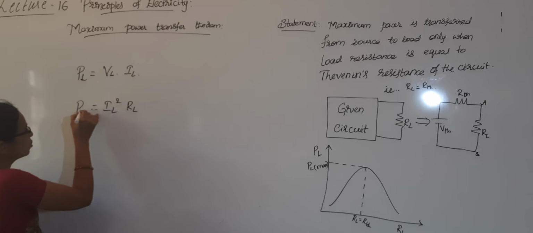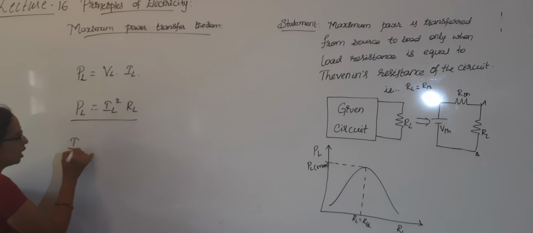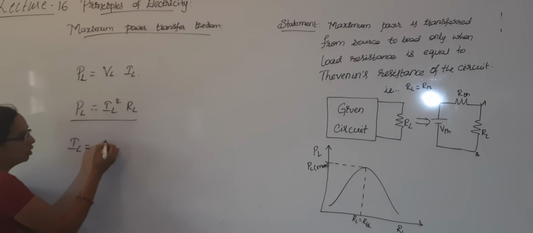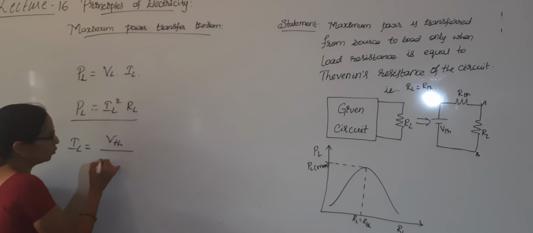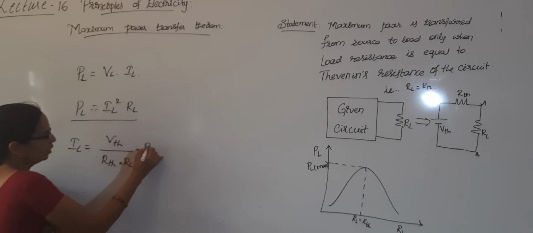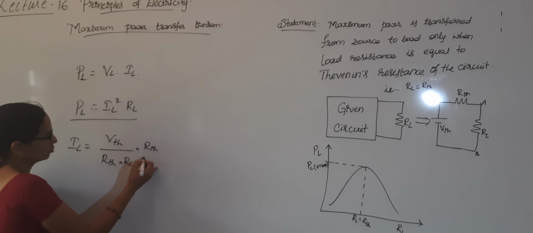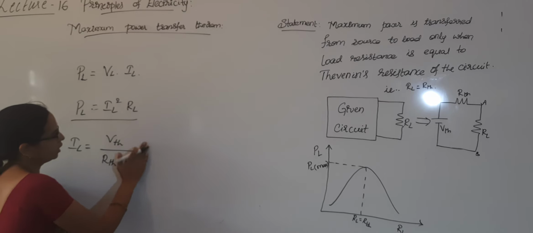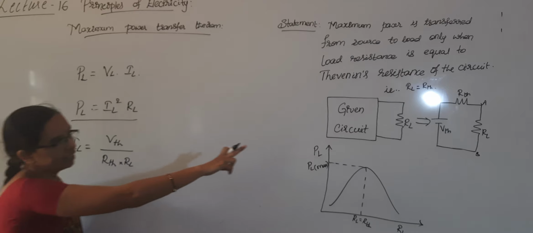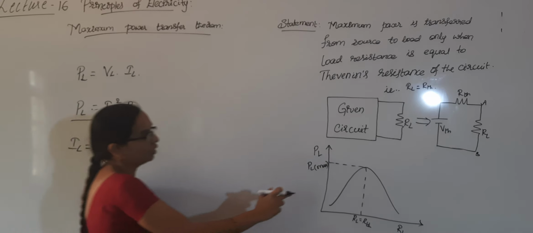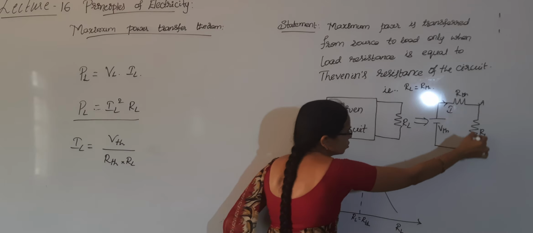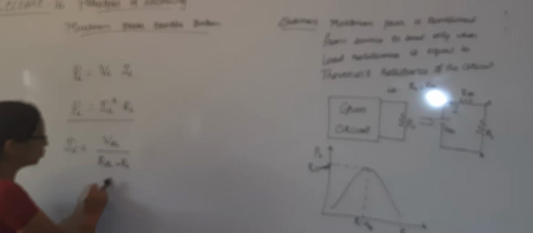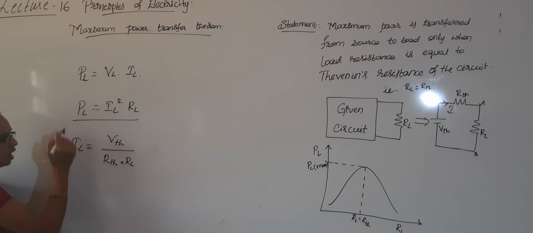Okay, PL is equal to IL square RL, whereas IL, we already know the formula, is VTH divided by RTH plus RL. There is only one current, and whatever current flows, flows through the load resistance. So IL is equal to VTH divided by RTH plus RL.